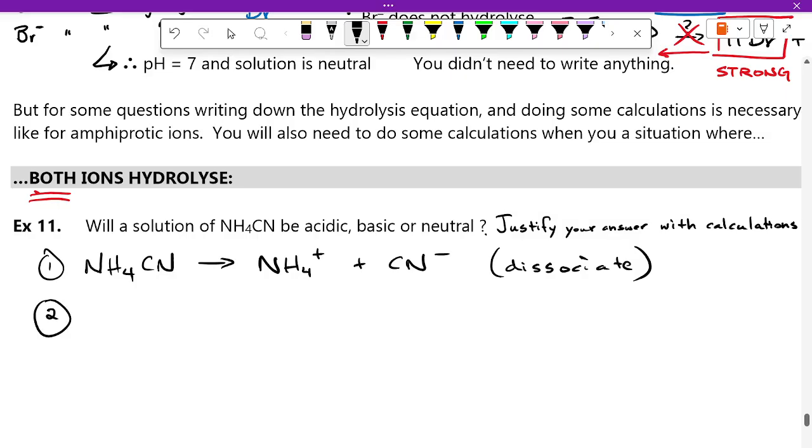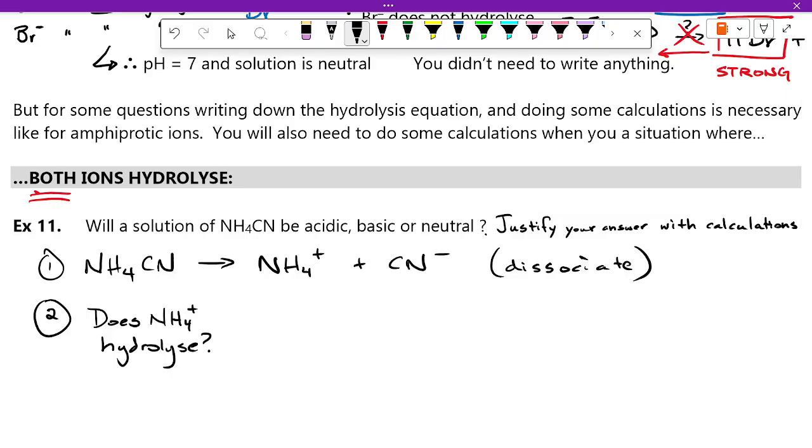And then you're going to consider each ion individually. Does the cation hydrolyze? Is it one of our four?